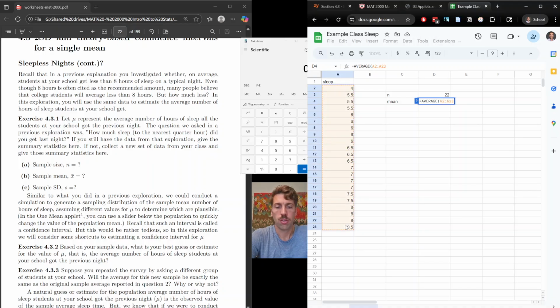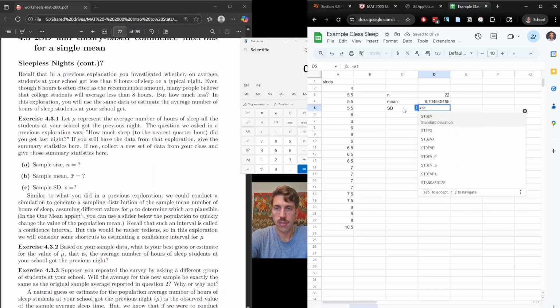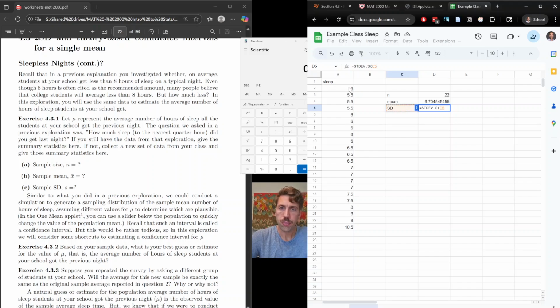All spreadsheet software have these sorts of functions, and then standard deviation would equal standard deviation, and you're going to want the dot s because you're doing standard deviation of a sample, and then you highlight these. And that's how you could calculate it if you already have them in a spreadsheet.